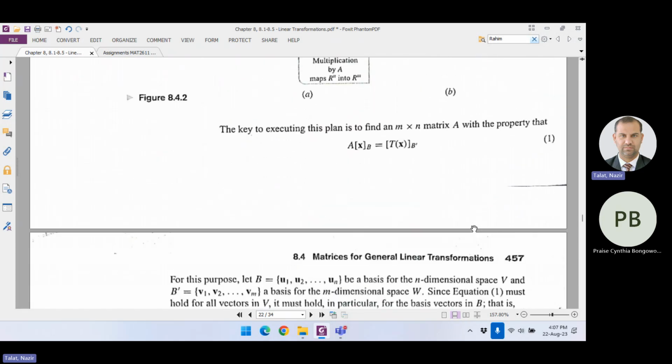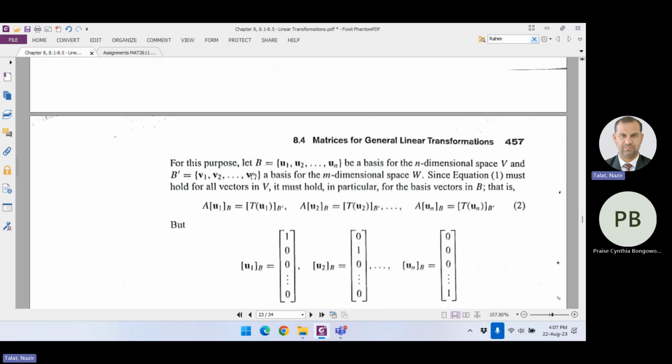It's a geometrical representation. We know that if T is any linear transformation in a finite dimensional vector space, then we can find a matrix A of m cross n, equivalent to the form A[x] in basis B equals [Tx] in basis B prime, where B is the basis for the vector space V, and B prime is actually the basis for the range set W. And the idea is quite simple.